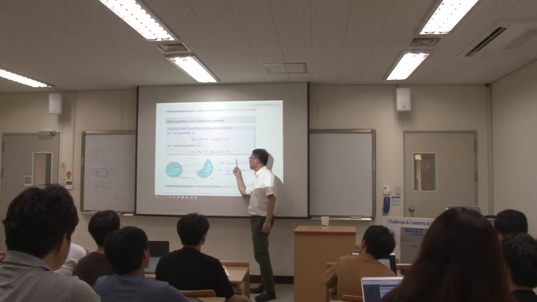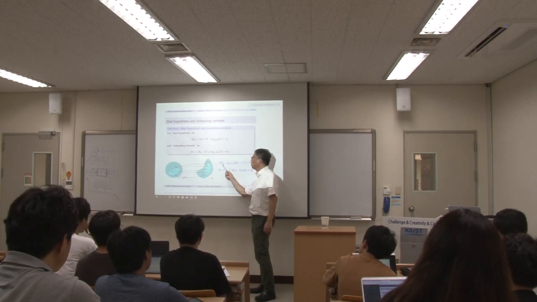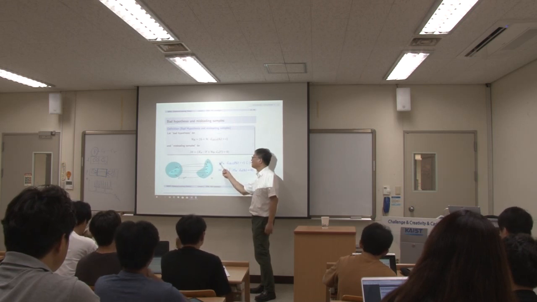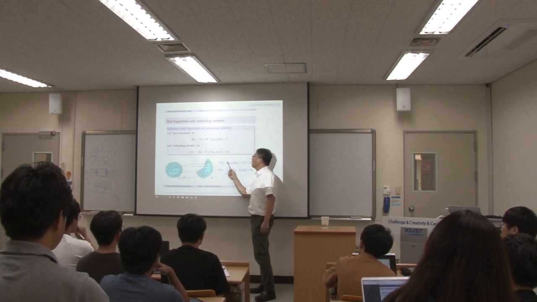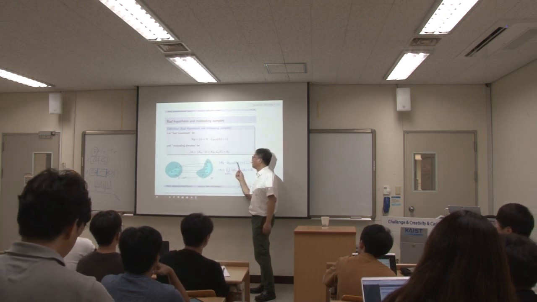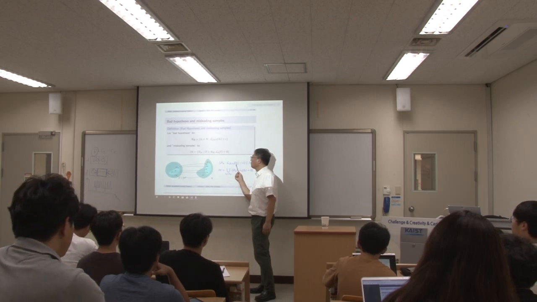This is the set of all the S's, all the training sets whose ERM produces f of S, and its test loss is greater than epsilon.